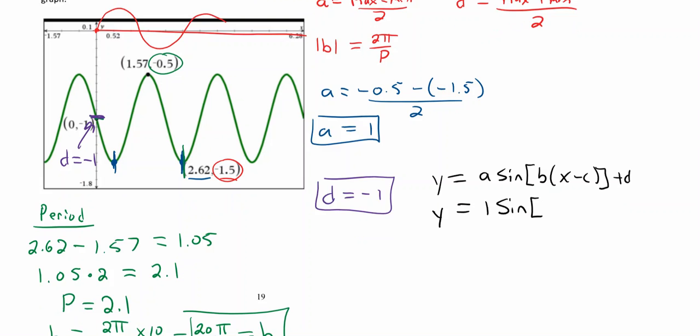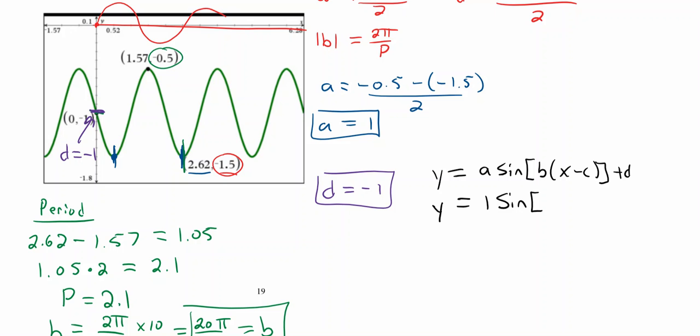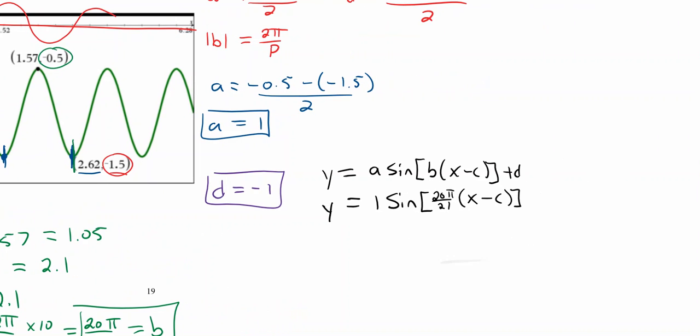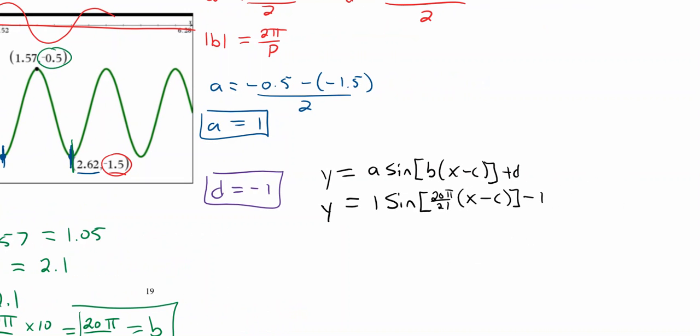Our b value was 20 pi over 21, and then our x value, we just say that's x. I'm going to leave c for a second, because that could change. And then d was -1, right?